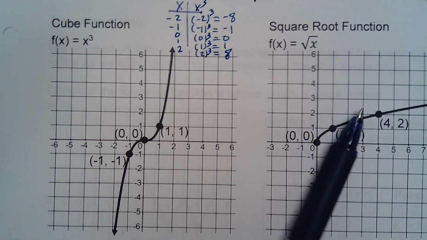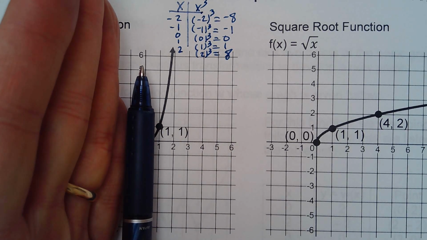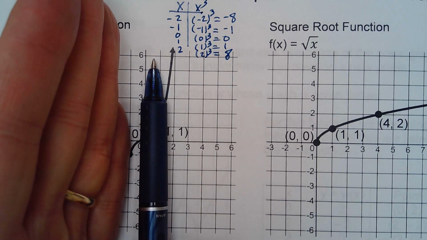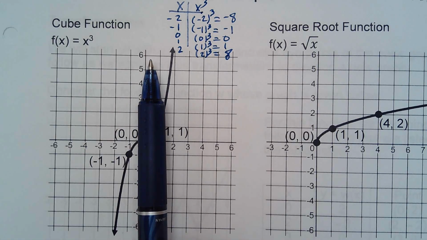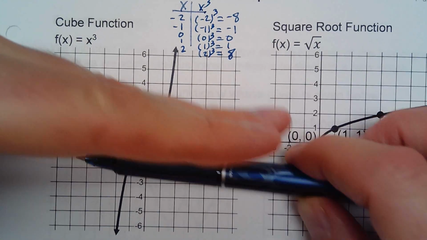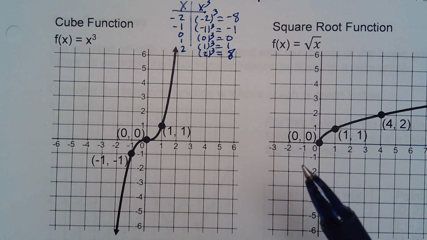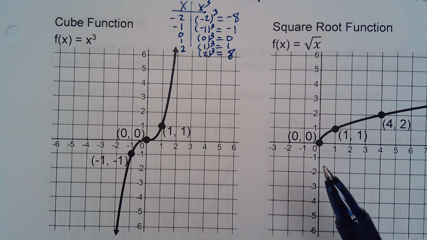In terms of my domain and range, if I squish this down for my range, it's going to land on the y-axis. So my range is going to be all real numbers. And if I squish this down this way, the graph will eventually land on the x-axis, so my domain is also going to be all real numbers.